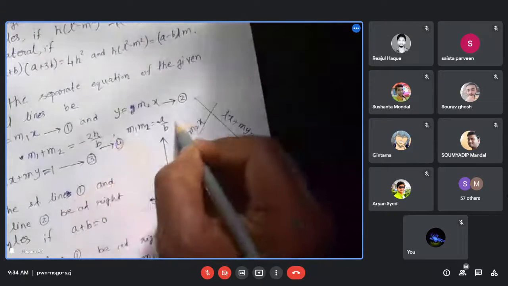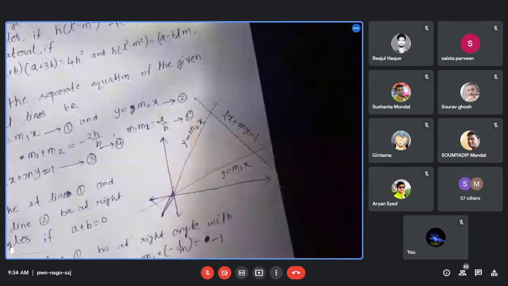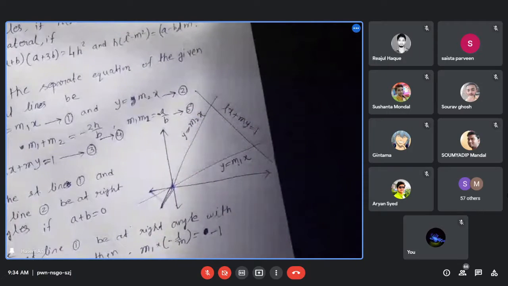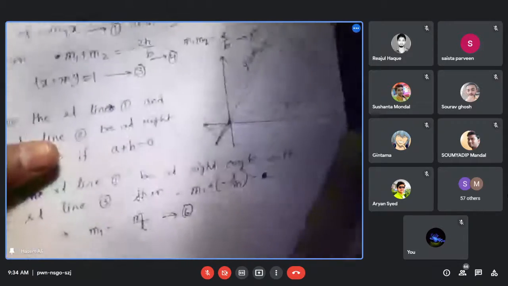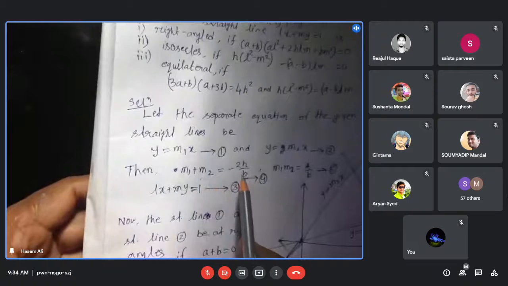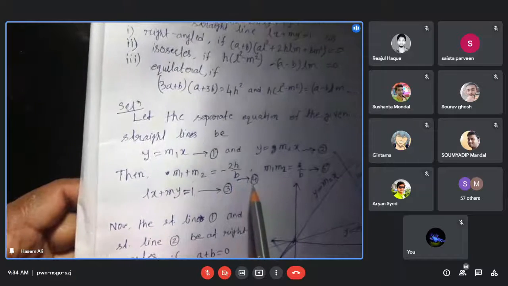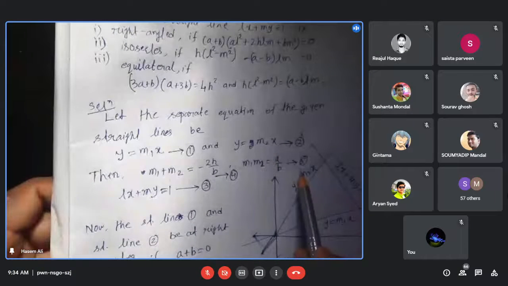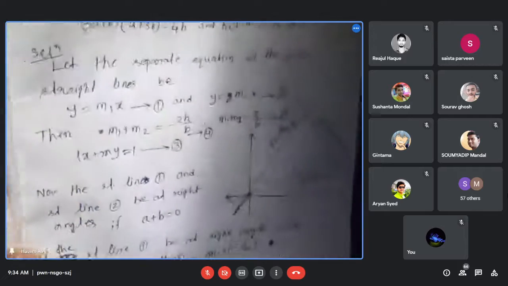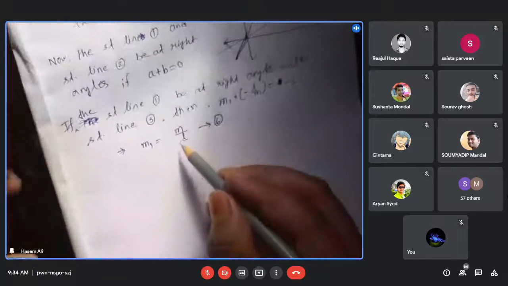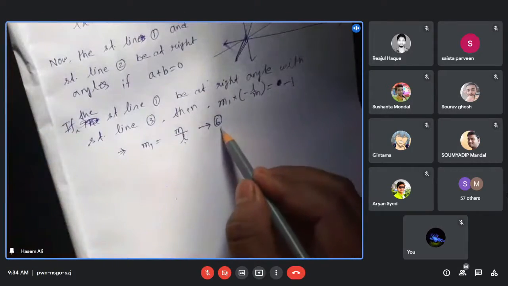So denoting these 4 and 5 and let this be 6. These conditions m1 plus m2 equals to -2h by b, let this be 4. m1 m2 equals to a by b, this is 5. And this condition m1 equals to m by l, this is 6.